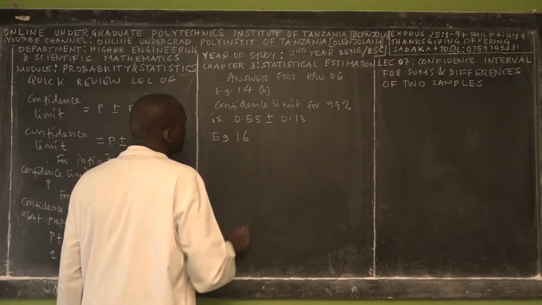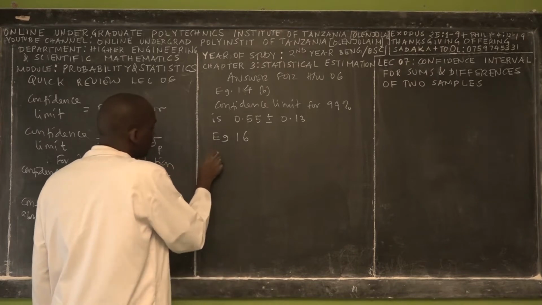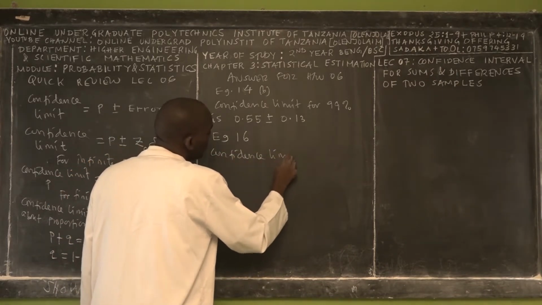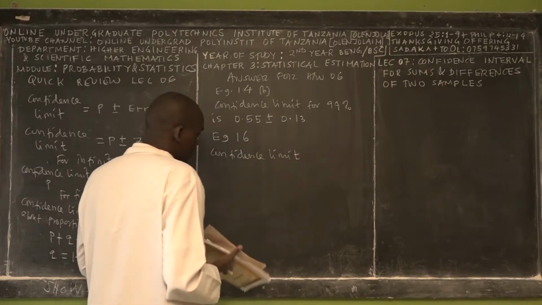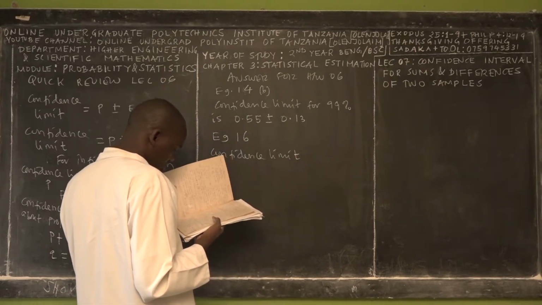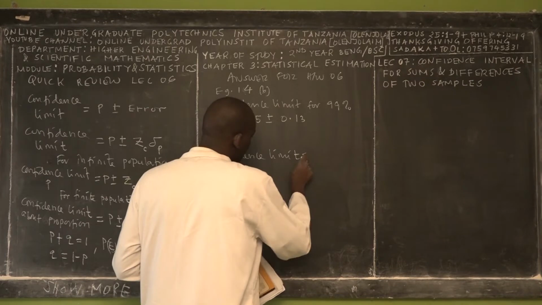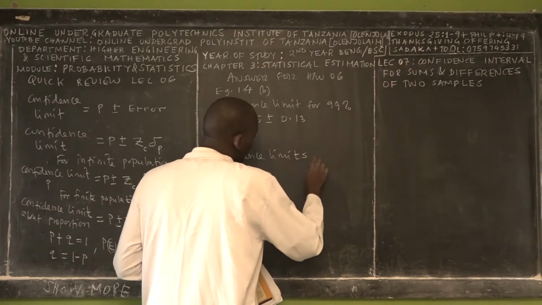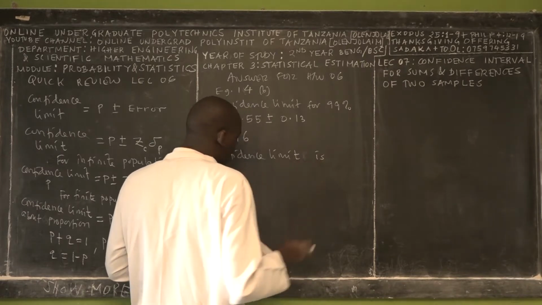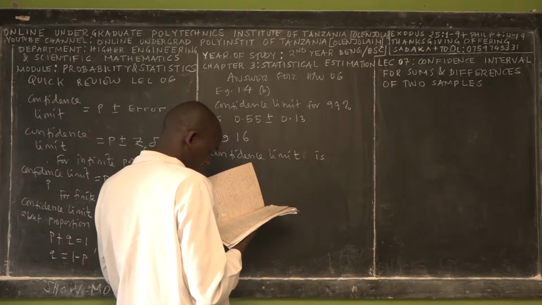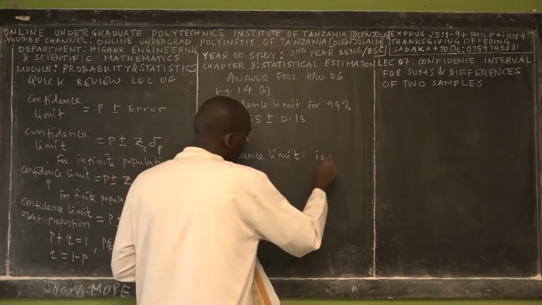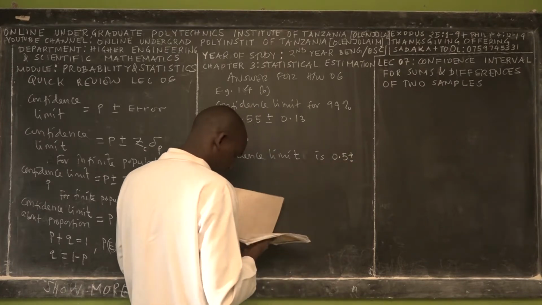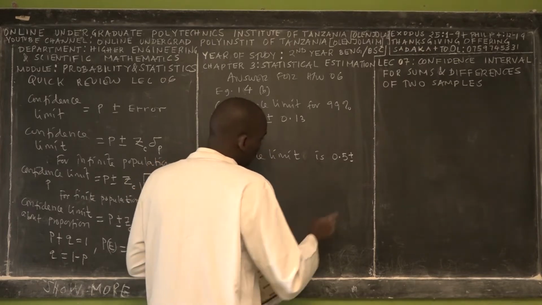Example 16. The confidence limit is 0.5 plus or minus 0.15.